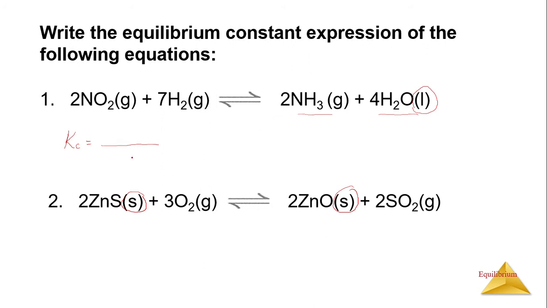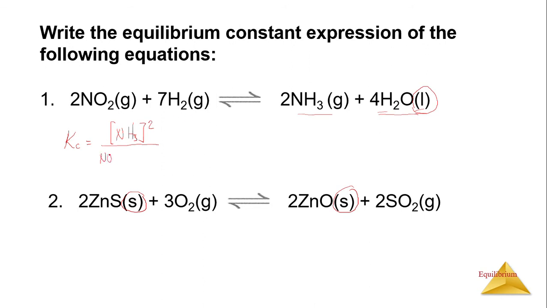So, product muna tayo. So, we have NH3, ilagay natin sa bracket, and then raised by the power of the stoichiometric coefficient, which is 2. So, hindi natin ito isusulat kasi nga in liquid siya. Sa reactant naman, sa denominator natin siya ilalagay, parehong gas, so pareho natin siya ilalagay.